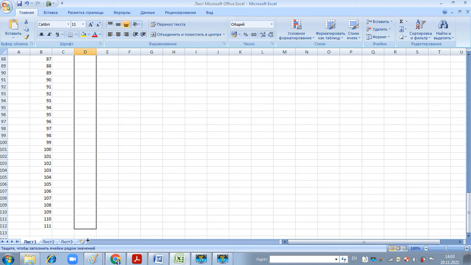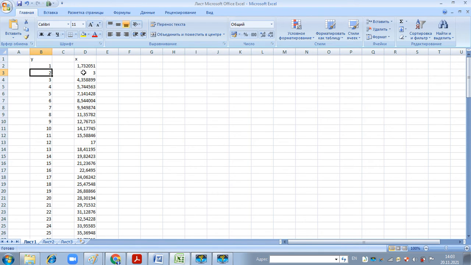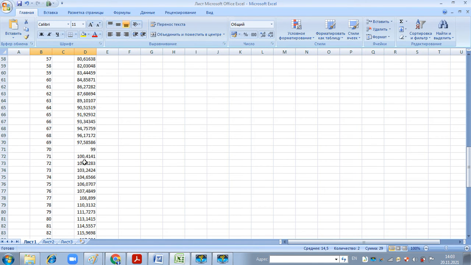And how you can see, y equals 2, x equals 3; y equals 12, x equals 17; and y equals 70, x equals 99.